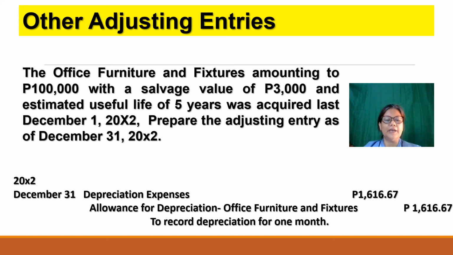Remember that you're going to add the property, plant, and equipment account title, which is allowance for depreciation, office furniture and fixtures, because we have many property, plant, and equipment, in order to determine what specific allowance for depreciation it is.